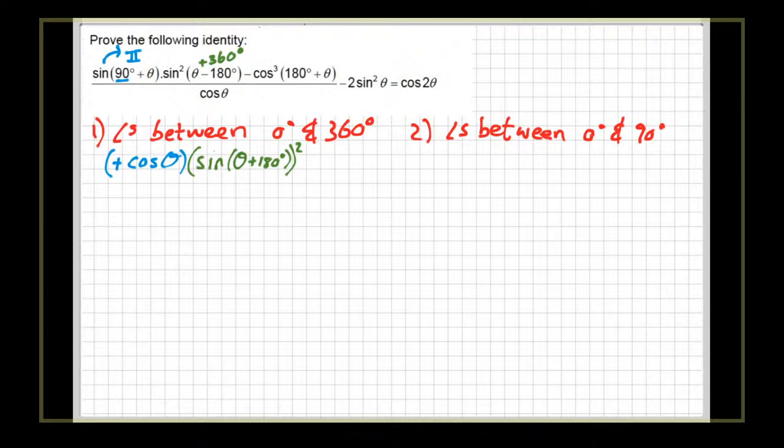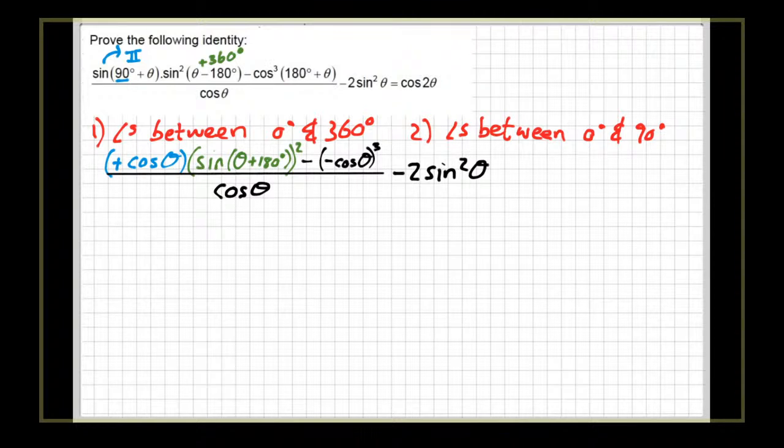Now I'm going to do exactly the same, but with the cos, so it's going to be cube outside. If I look at cos of (180 plus theta), that's negative cos theta because it's in the third quadrant. And this is all over cos theta. And then I have this lonesome little 2 sine squared theta at the back.